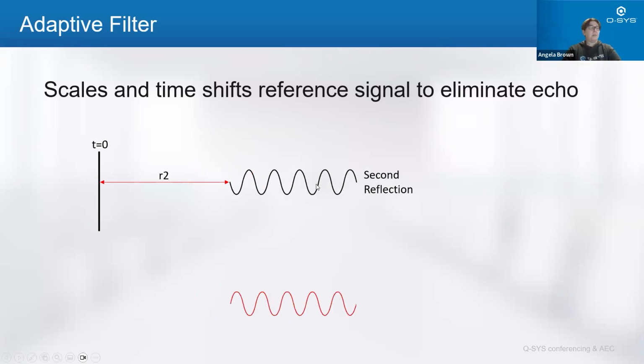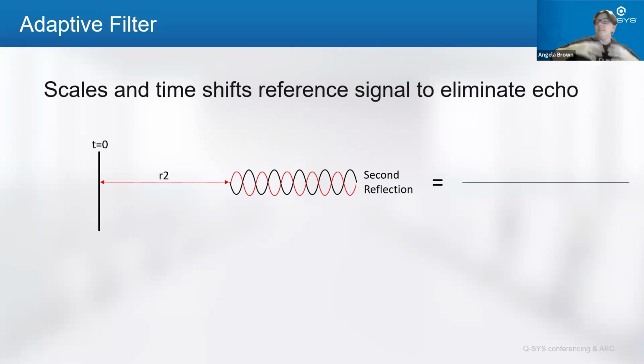And then we have our second reflection. And again, you'll see that the reference signal has been shifted again, lowered in amplitude to match the reflection's amplitude, and then taken out of phase, adds it in, sums those up. So I think that really sums up how acoustic echo cancellation works. Like, that is this in a nutshell.